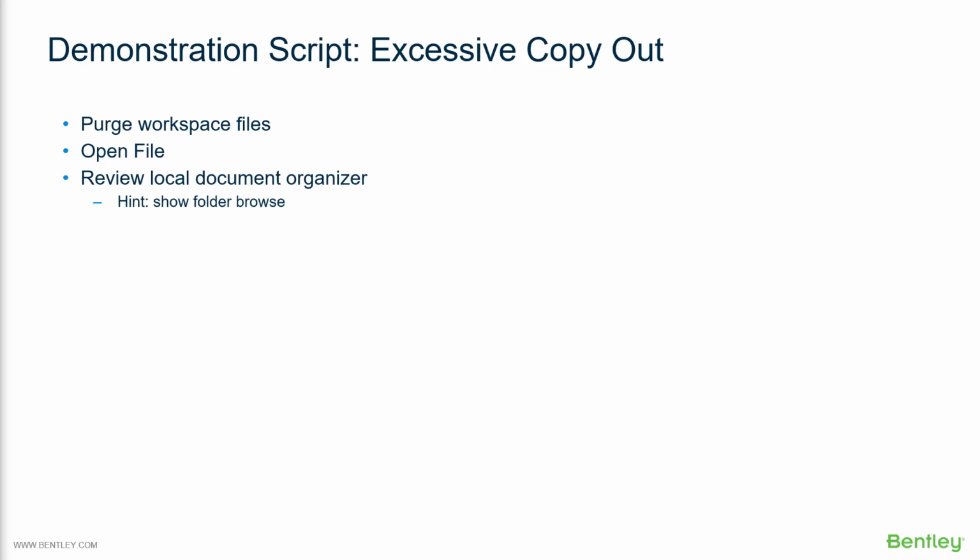In the next demonstration, we will look at what happens if a variable is defined using the _dgn variable and how we can add that variable to the list. Here's what we will do. We will purge Workspace files, open the file, review Local Document Organizer, and we'll show you how you can actually browse to a folder to limit what's in Local Document Organizer. We'll close the file.